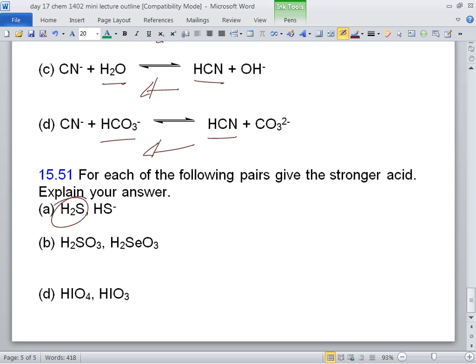Kendall, how about B? H2SeO3. Why that one? Yes, Se is bigger. In the same group or period?